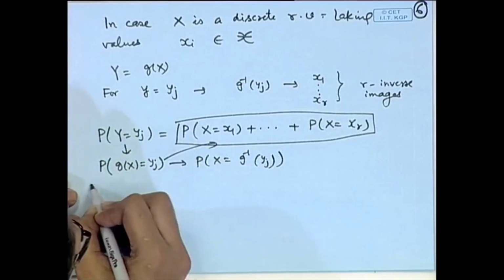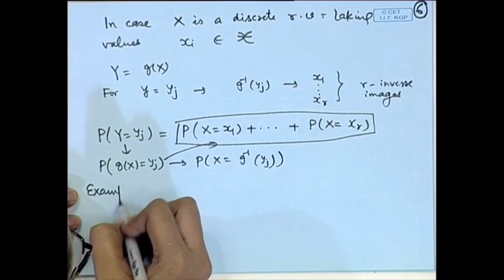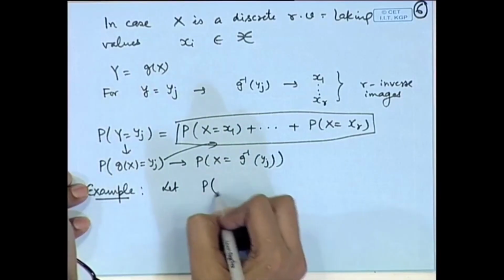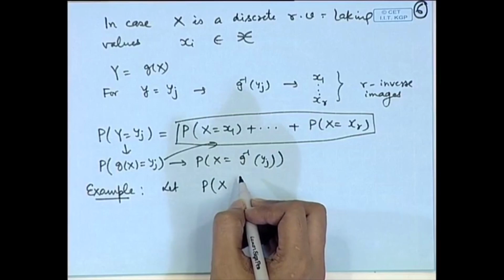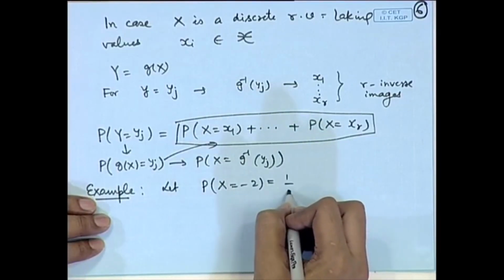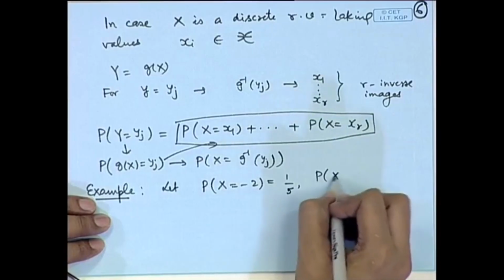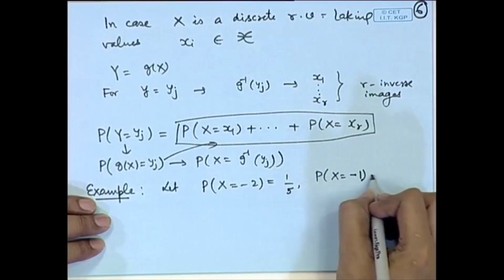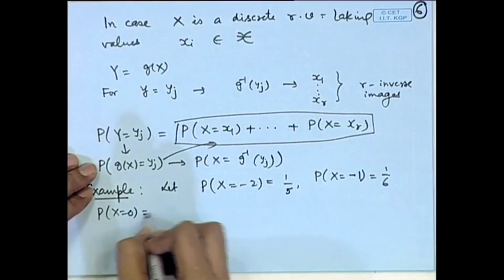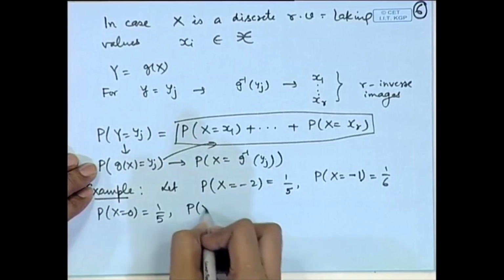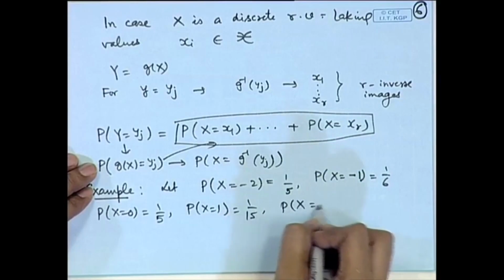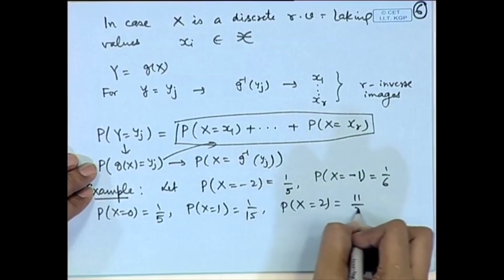So, as an example, consider probability X = -2 is 1/5, probability X = -1 is say 1/6, probability X = 0 is 1/5, probability X = 1 is say 1/15, and probability X = 2 is say 11/30.